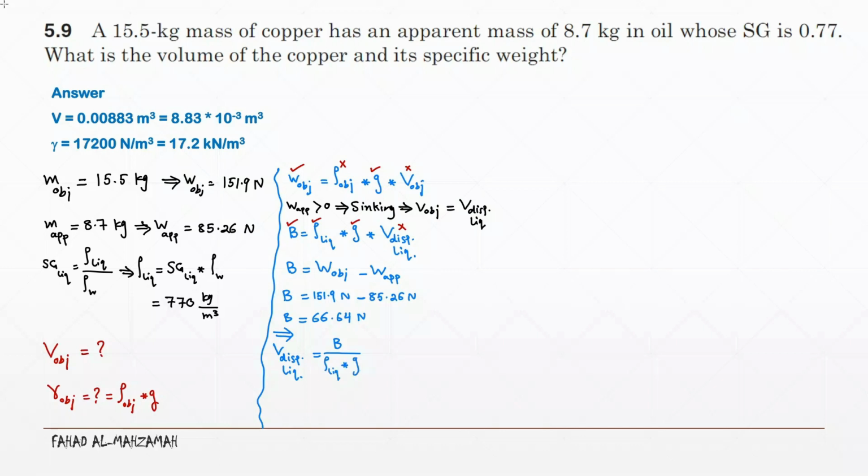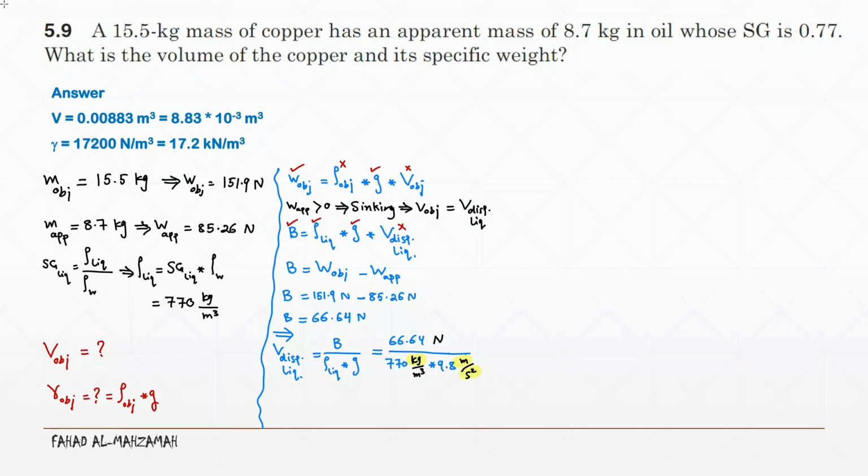Substitute the values: the buoyancy is 66.64 Newton, divided by rho, which is 770 kilogram per cubic meter, multiplied by 9.8 meter per square second. We know kilogram meter per square second gives Newton.